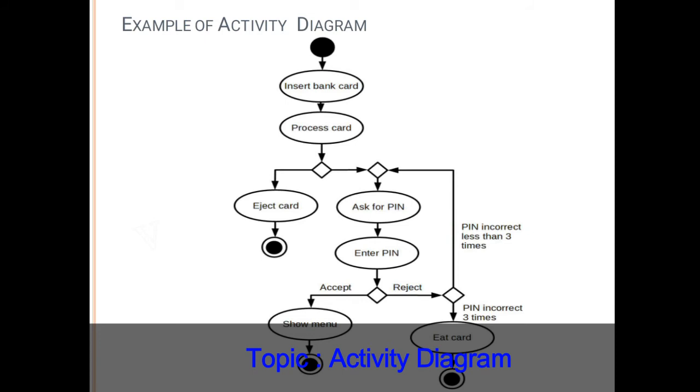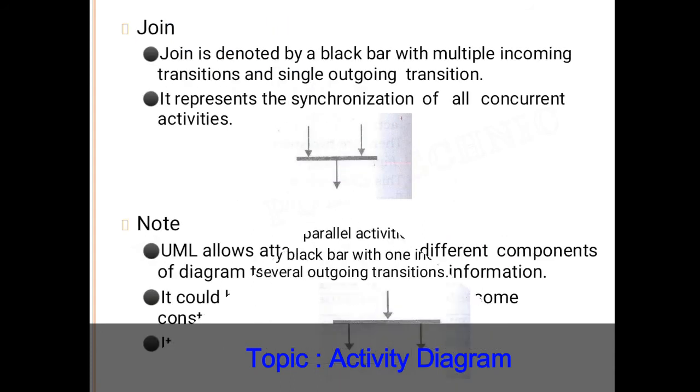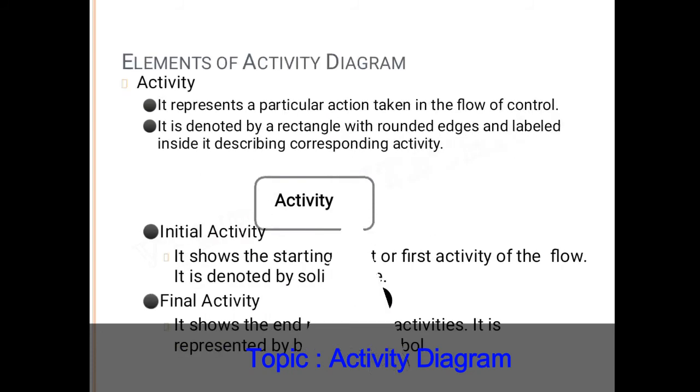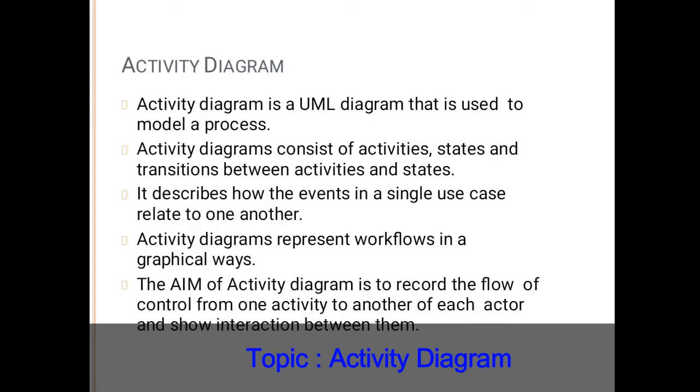This is the most important topic for the GTU exam, and this question is asked in the GTU exam like explain activity diagram with example. So whenever this type of question is asked in the GTU exam, then dear all, first of all you have to write a description about the activity diagram.